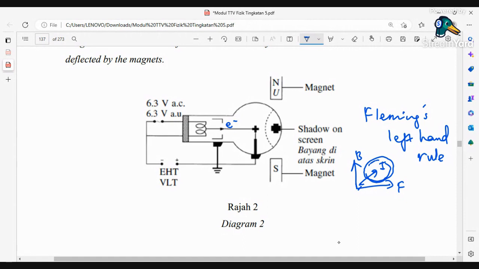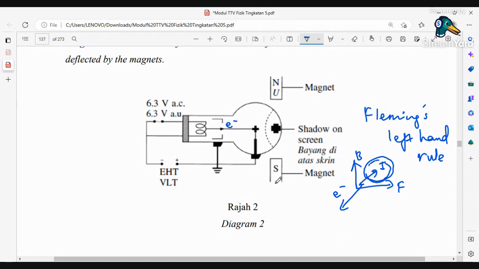So if you want to apply Fleming's left-hand rule to determine the direction of deflection for the cathode ray, you need to put it in the reverse direction. For example, if current is in this direction, it means the electron is here. It's the opposite direction.